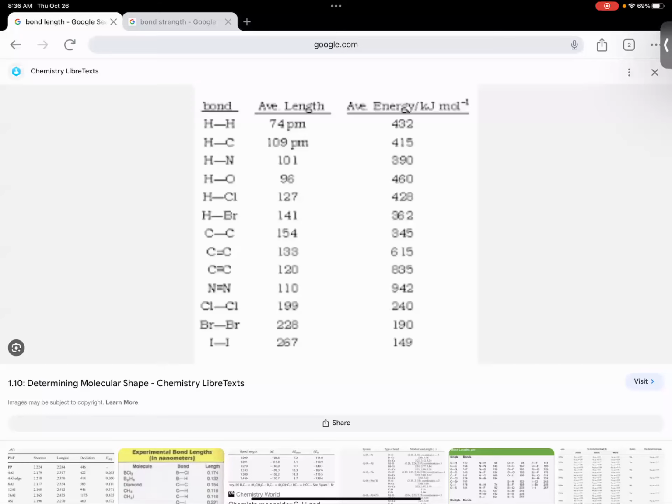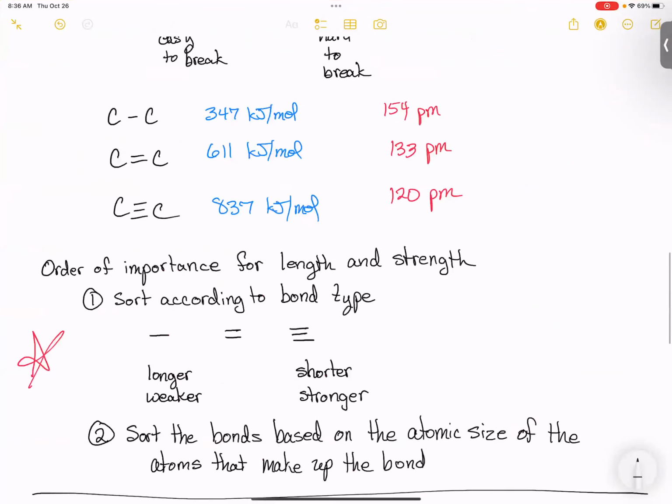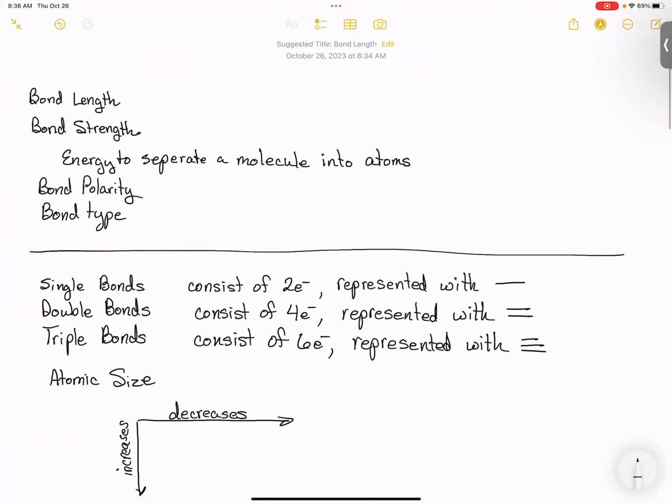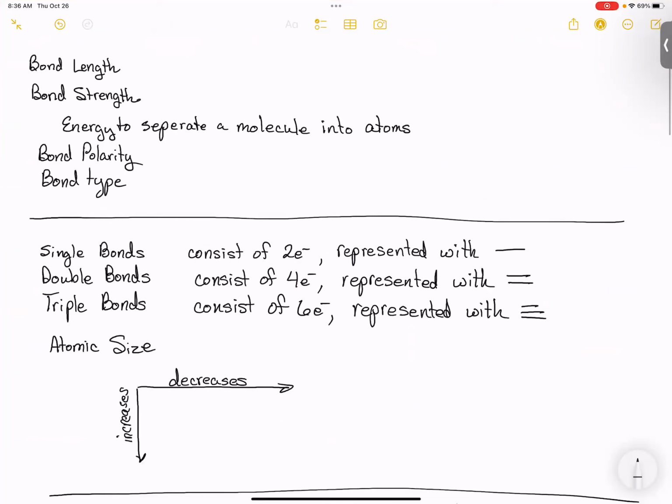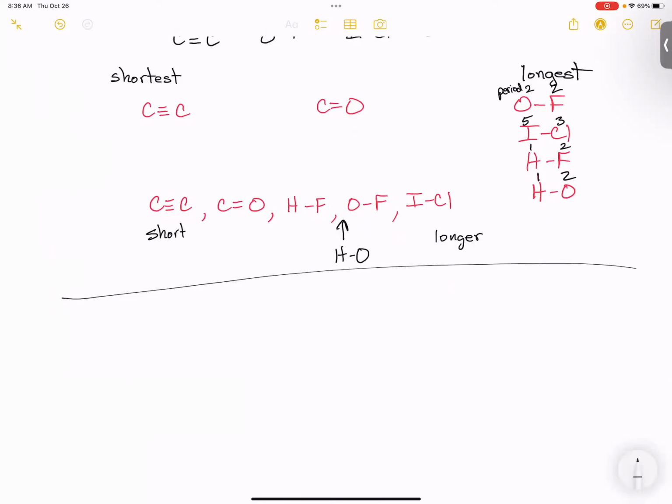Questions? Okay. So we've talked about bond length and strength. Now, as far as these bond strengths, they can then play into other things.